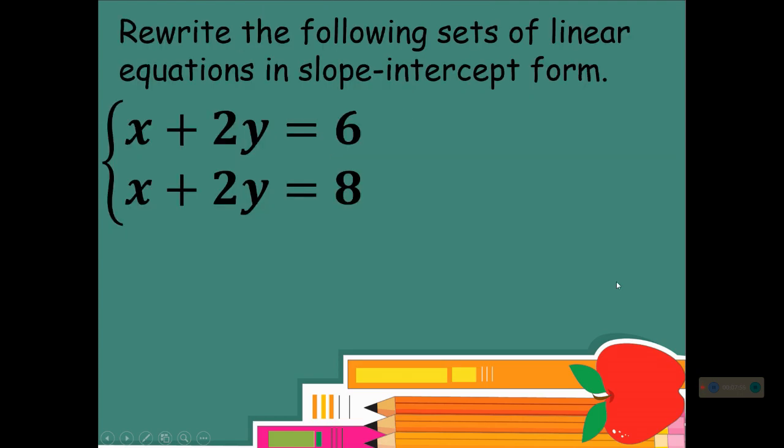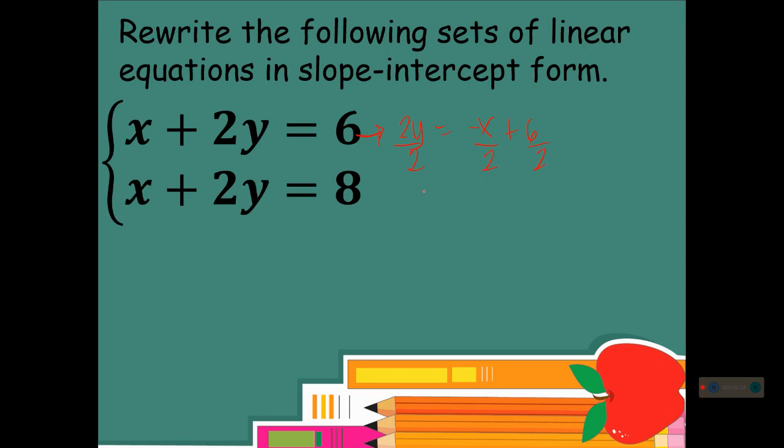Okay, so let's proceed with the second system. So we have x plus 2y equals 6. So again, let's rewrite this in the slope-intercept form. So we have 2y equals negative x plus 6. Since we have here the coefficient 2, divide all the terms of the equation by 2.